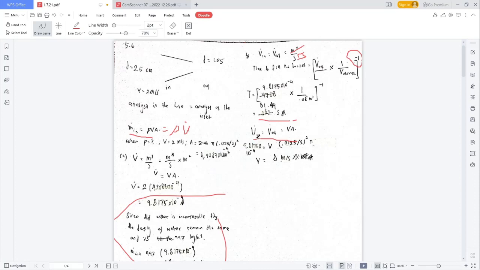We know the volume flow rate at the inlet is 9.8175 times 10 to the power of -4 from the previous question, equal to V times the area. V here is the velocity of the fluid at the outlet times the circular area at the outlet, which is pi times (0.0125 divided by 2) to the power of 2, converted into SI units. So the final value for the velocity will be approximately 8 meters per second.